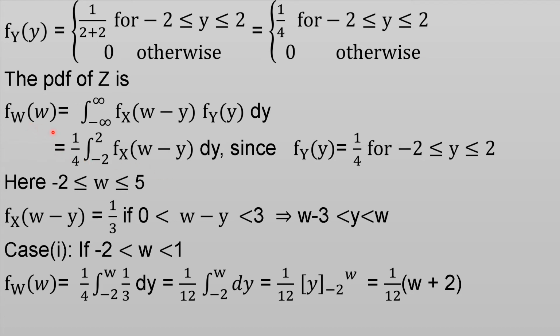Now to get this f_X of (w minus y) dy, see the probability density function of X. It says f_X of x will be equal to 1 by 3 for all x values between 0 and 3. Now it is not f_X of x, it is f_X of (w minus y). So f_X of (w minus y) will be 1 by 3 provided this w minus y is between 0 and 3.